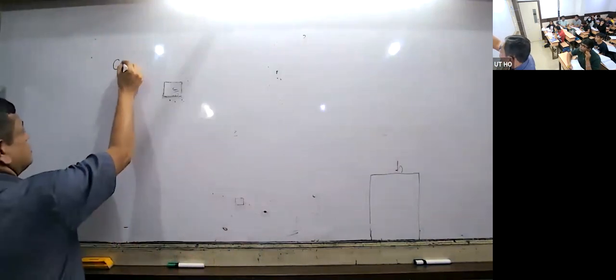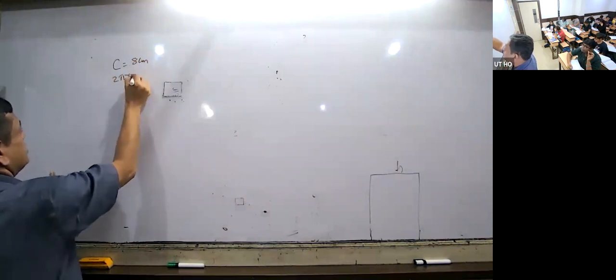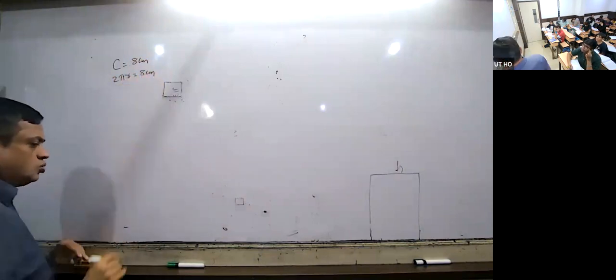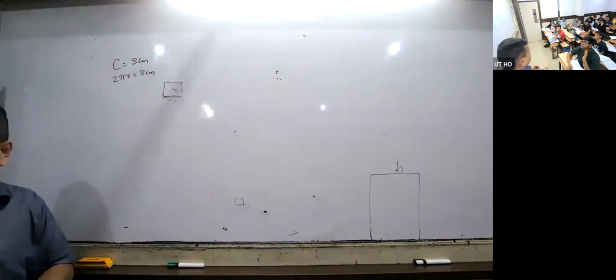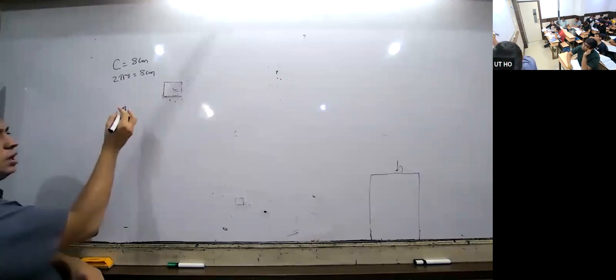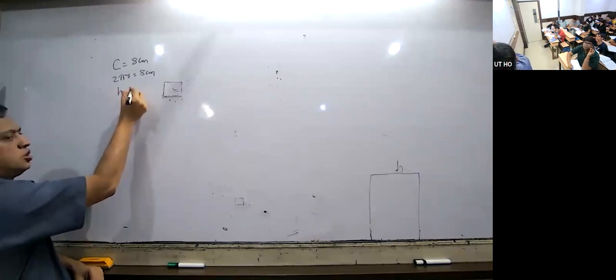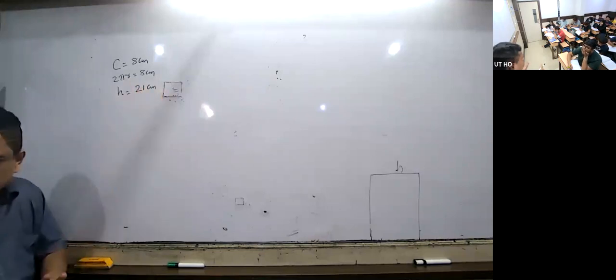Circumference is given as 8 centimeter, meaning 2 pi r is equal to 8 centimeter. Nobody asked you to find the radius; that is not required, leave it as it is. The length, meaning height, is 21 centimeter.